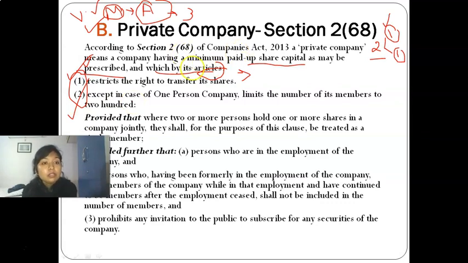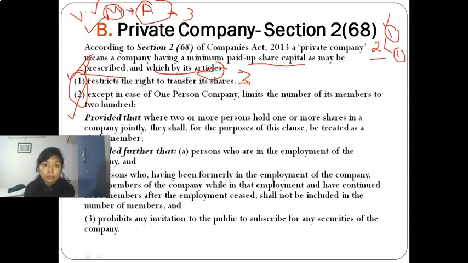Now, what is the first restriction? It restricts the right to transfer its shares. So any member of a private company cannot freely transfer the shares of the private company.